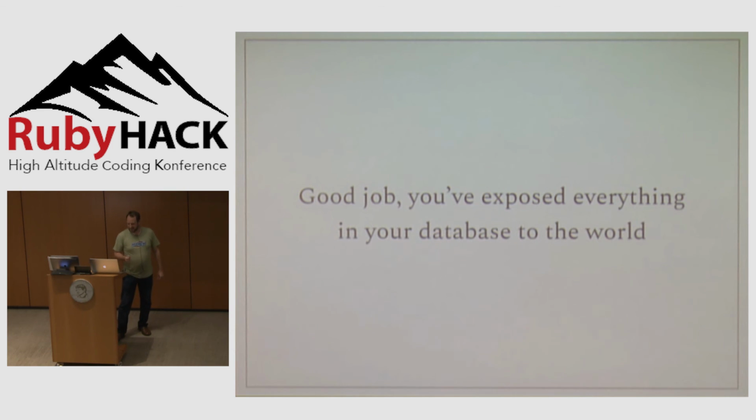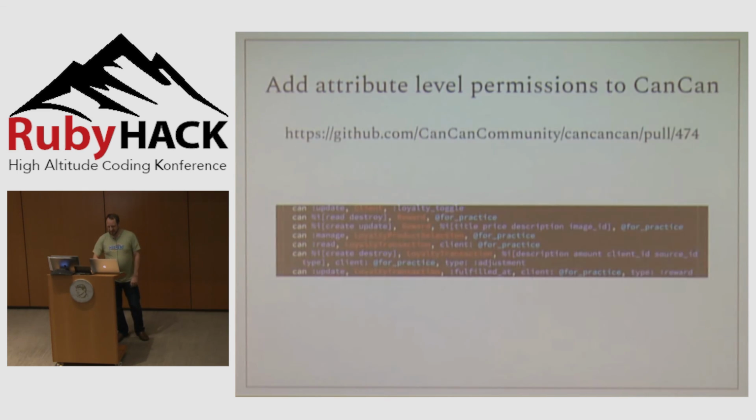And the thing is, if I do this, it's awesome, but I've gone through my whole code base and I've exposed everything to the world. And so my other problem is I need to have some kind of permission system. And so pull request 474, please go like that and get the maintainer to do something about it.